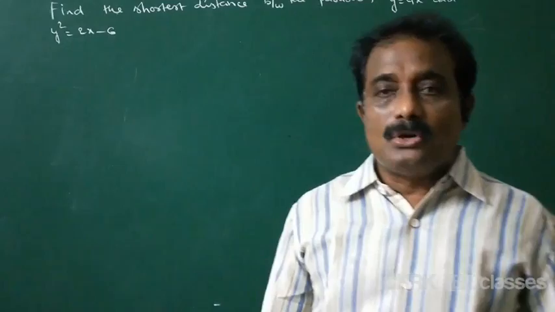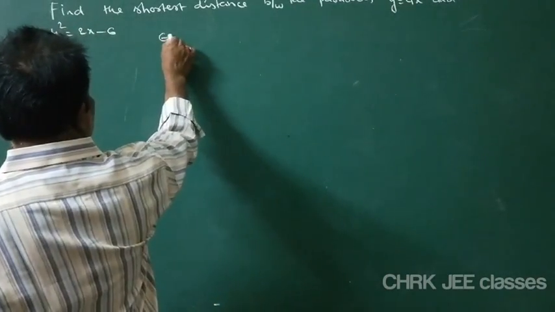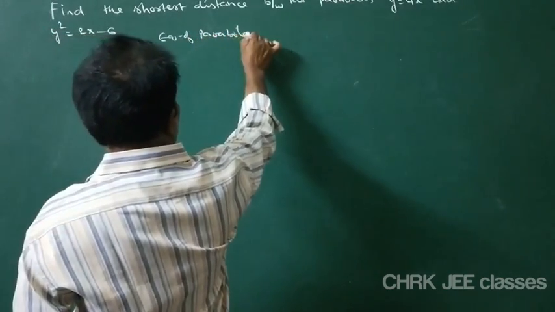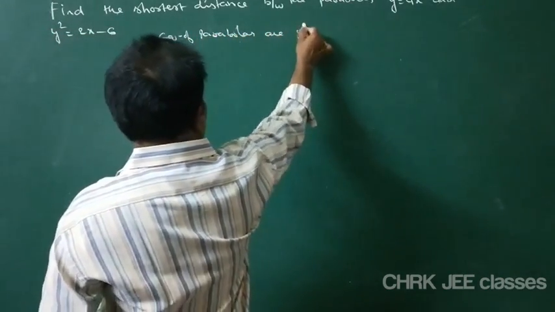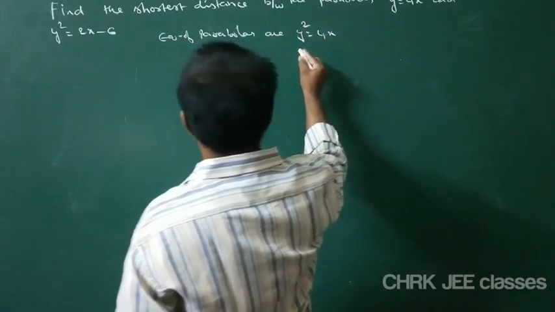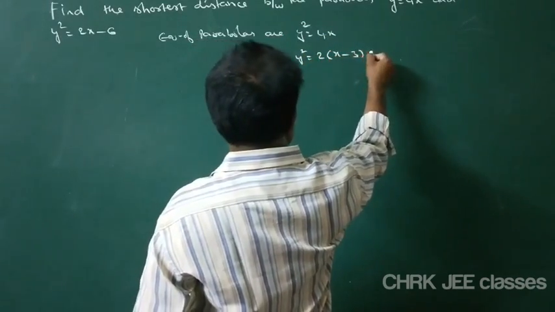Let m be the slope of the normal. Equation of parabolas are y square equal to 4x, this is 1, and y square equal to 2 into (x minus 3), this is 2.